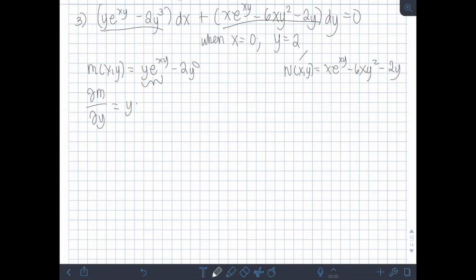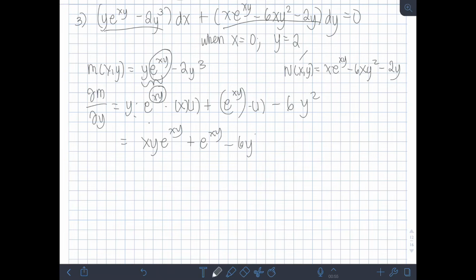Copy y, times the derivative of e raised to xy, which is e raised to xy multiplied by the derivative of xy. The x is constant, so x times 1, by the chain rule. Plus, this time, copy e raised to xy times the derivative of the first function y, which is 1. Minus, the derivative of negative 2y cubed is 6y squared. Simplifying further, we have xy e raised to xy plus e raised to xy minus 6y squared.